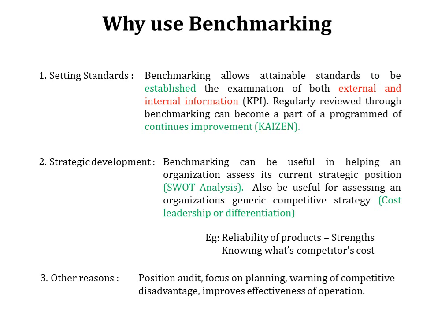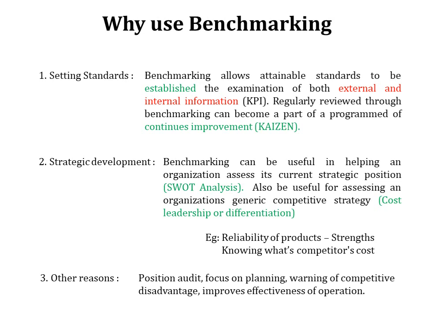Other reasons include position audit, focus on planning, warning of competitive disadvantage, and improving the effectiveness of operations. Position audit: benchmarking can assess a firm's current position and provide a basis for establishing standards of performance.